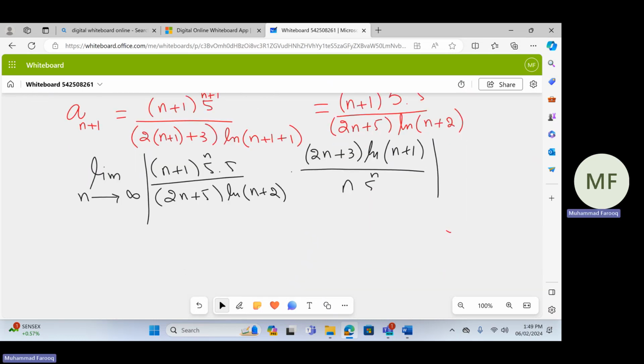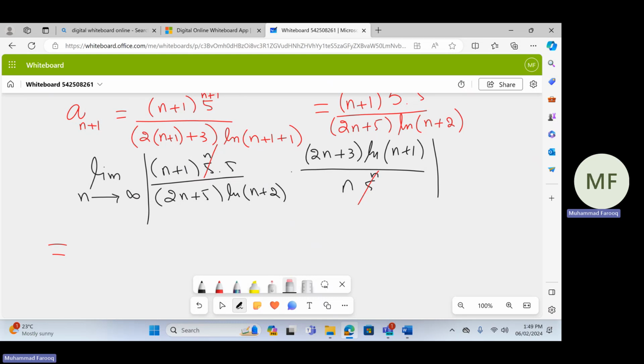Now let's check, is there any cancellation? Yes, 5 power n and 5 power n. Any other cancellation possible? No, there is no more cancellation possible, so it means you have to calculate the limit. Before calculating the limit, try to collect the functions.